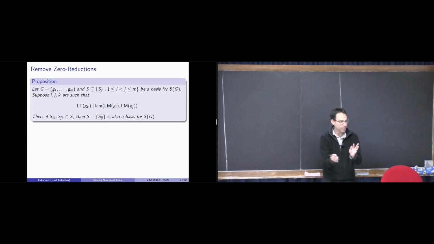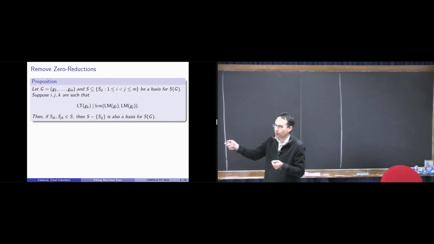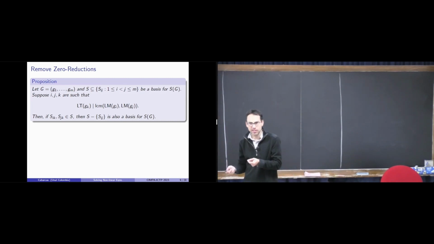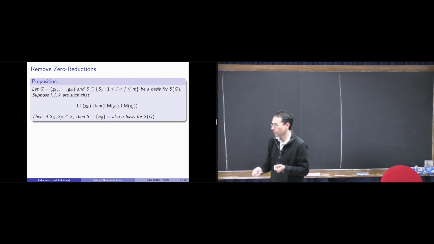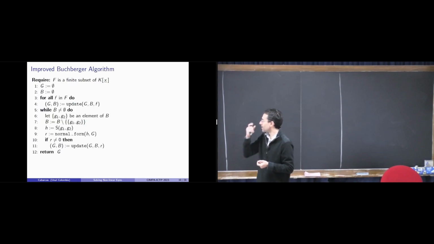Just to wrap up this part, what we want is a systematic way of using these criteria to remove elements from the basis of the module of syzygies and still have a basis.